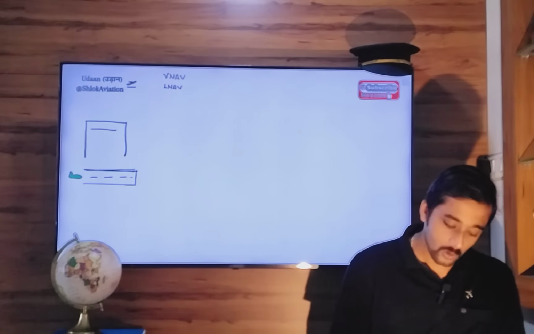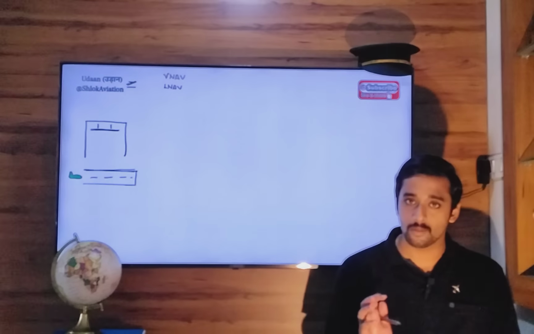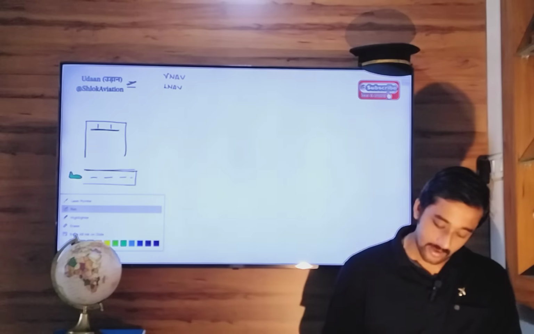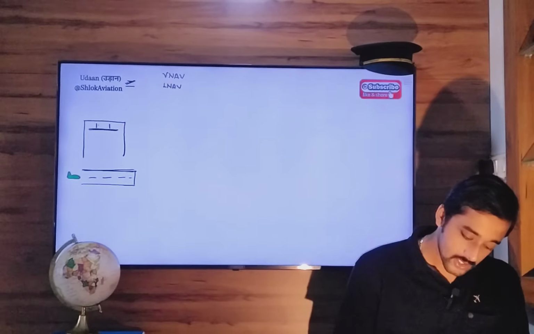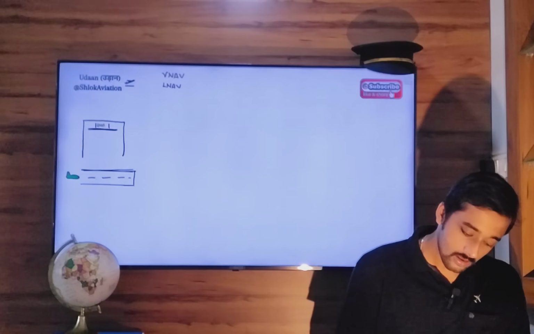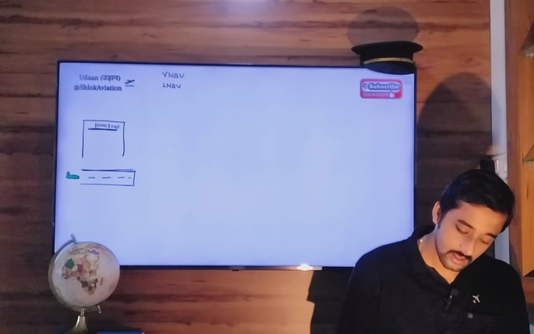There will be the top column reserved for autopilot commands, autopilot information. So you will have LNAV, VNAV written there.